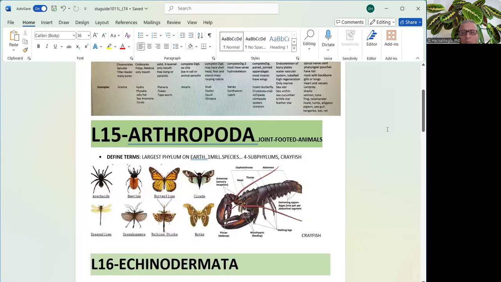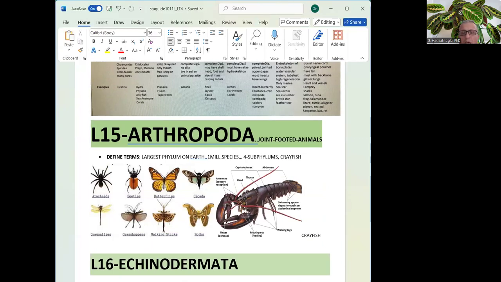So we have four labs in Module 4. Lab 15 is Arthropoda, which are insects, as you know. Lab 16 is Echinodermata, and Lab 17 is chordates and the frog skeletal system.